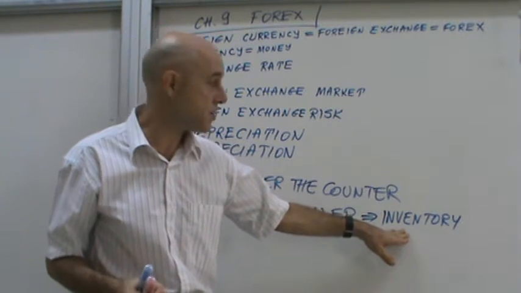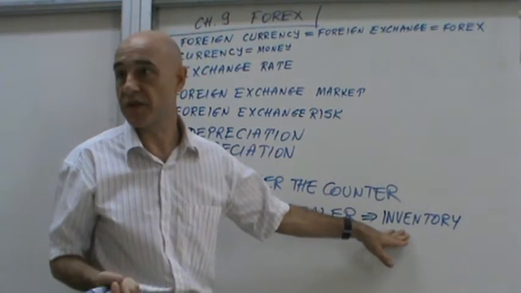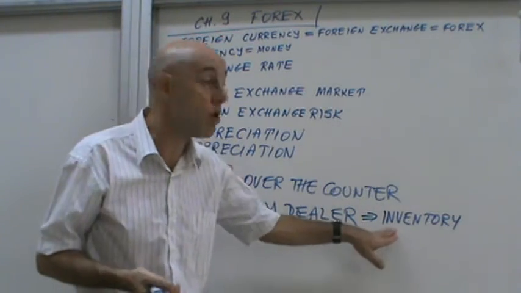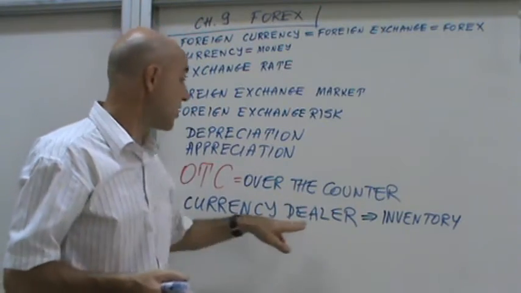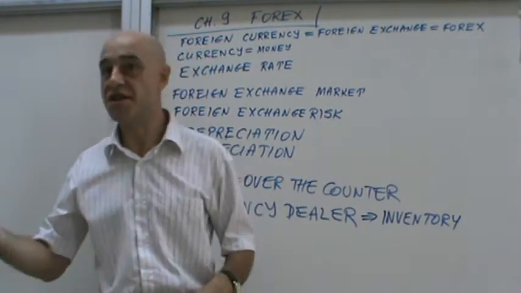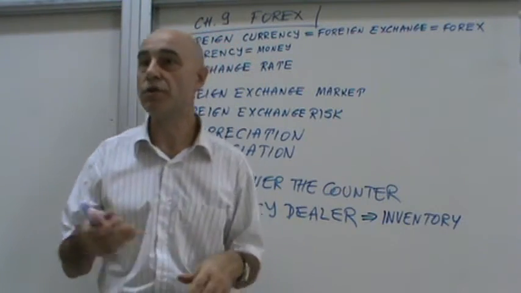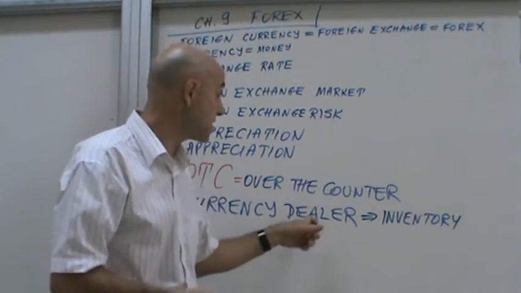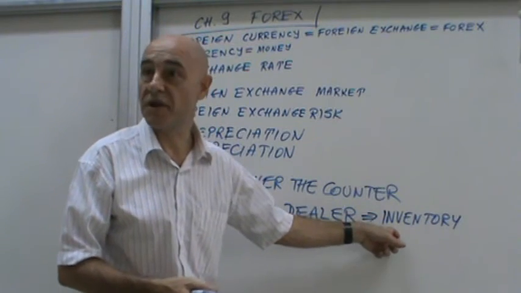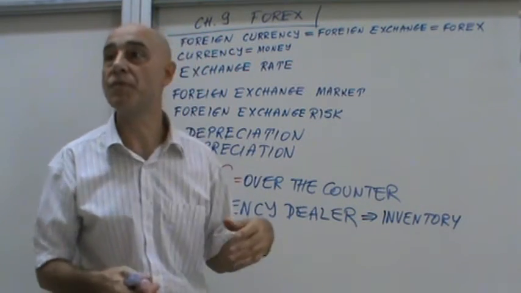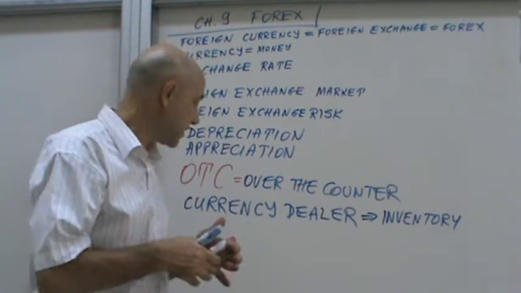When somebody deals in stock, they hold stock in inventory. Bond dealers hold bonds in inventory. So a currency dealer will have yen and euro and dollars and whatever currencies they deal in, and they'll hold them in inventory.